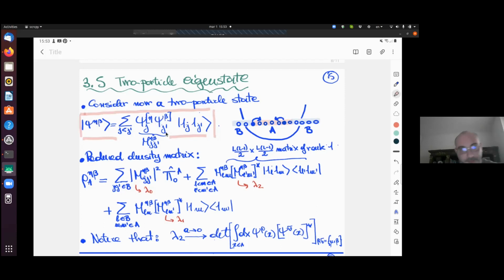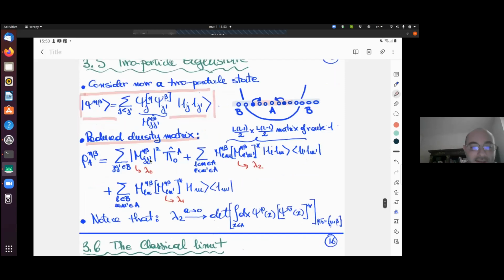We can calculate the reduced density matrix again by tracing over degrees of freedom in B, really a standard quantum mechanical operation. The result now, as you might expect, since we are looking at properties of this region and rho A is enough to completely specify the state within here, is that this density matrix decomposes into three projectors.